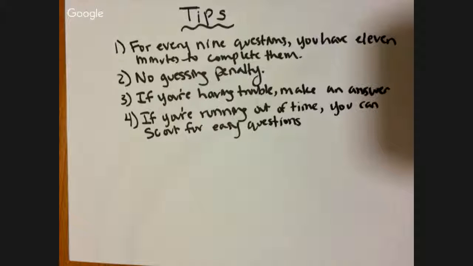Ideally, of course, you would want to answer every single question, but if you really don't have time, you just want to get as many points as you can before the time runs out.